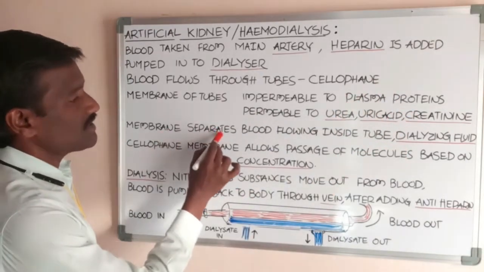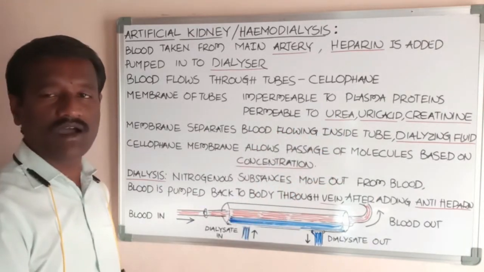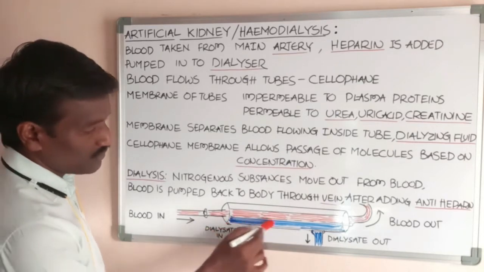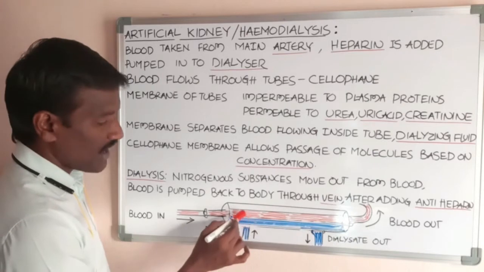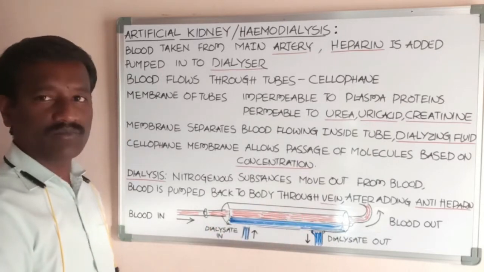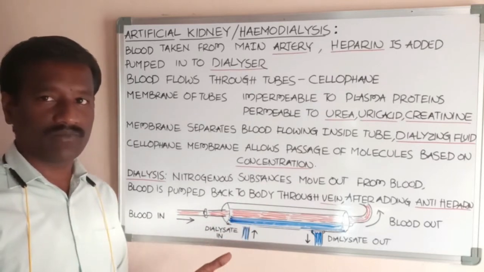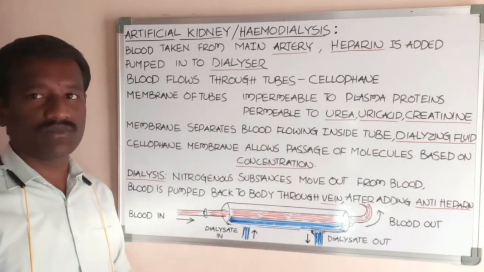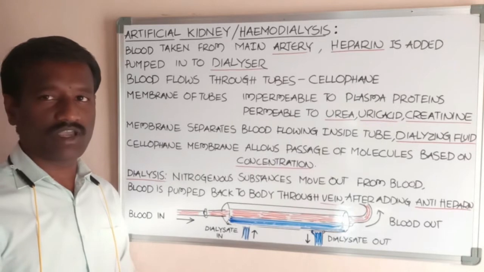The membrane separates the blood flowing inside the tube from the dialyzing fluid. This is the tube for the flowing of the dialyzing fluid in the dialyzer, and this one is the tube that carries only the blood. The blood and the dialyzing fluid flow separately in the dialyzer.